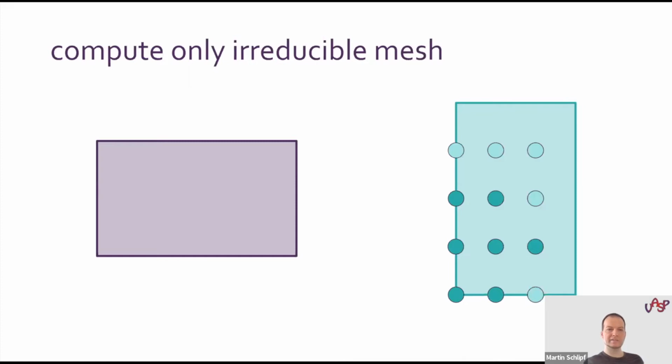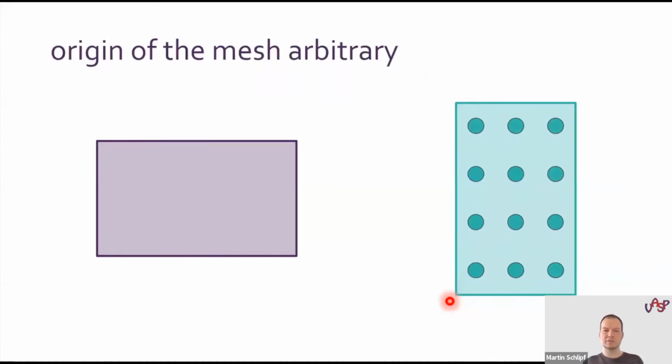In this case, I've chosen the K-point mesh to align with the origin of the reciprocal unit cell, but you don't have to do that. In principle, there's an arbitrary shift that you can use for this offset. One very common choice is to off-center all the grids so that they are equidistant from the boundaries.